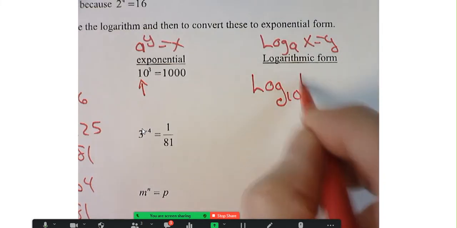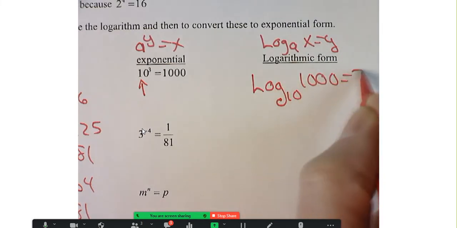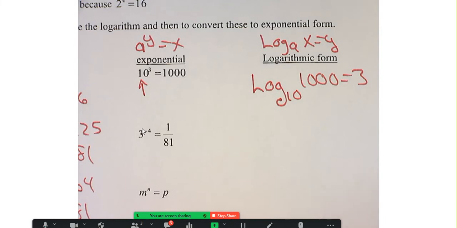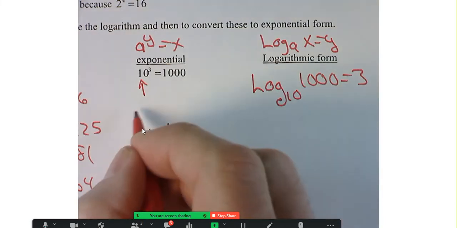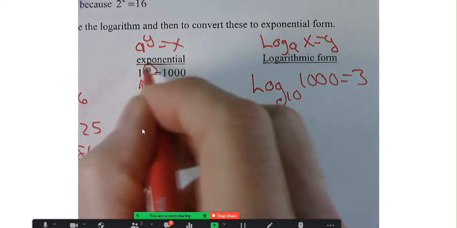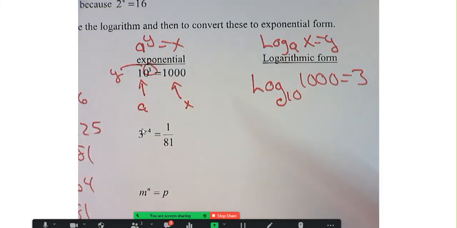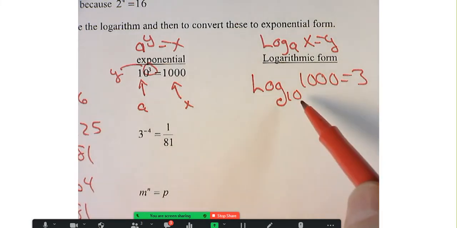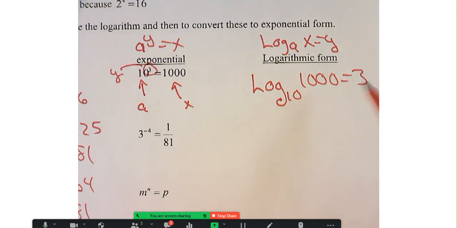So log base 10 of 1,000 should be 3. So there's your base, there's your A, there's your x, and a 3, that's your y. So it's just a matter of rewriting these things in an equivalent form. And you can check that pretty easily on your calculator, right? Log base 10 of 1,000? Yeah, that's 3.